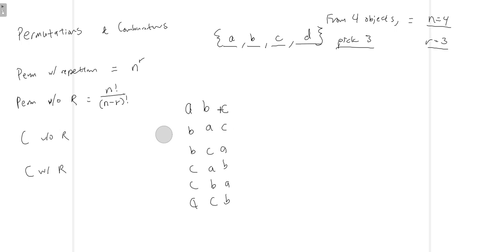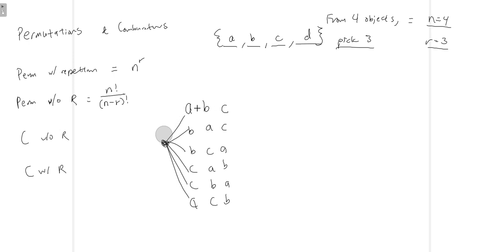How many ways can I order this? A bunch of different ways. So we have a lot of these possible permutations, but for every 3 letters that I choose, there are many options that are basically the same thing. So all these permutations basically squeeze down to just one combination.